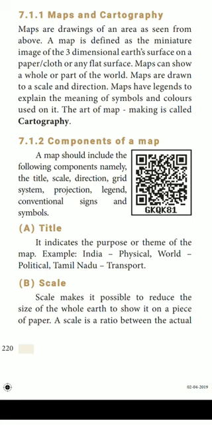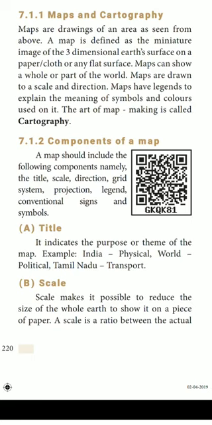So map means what? Maps are drawing of an area as seen from above. It is only a guide to locate it will indicate the location. So a map is defined as a miniature image of the three-dimensional earth surface. Nowadays, if you click on the cell phone, the Google map, if you want to go any place also, we can identify easily, isn't it?